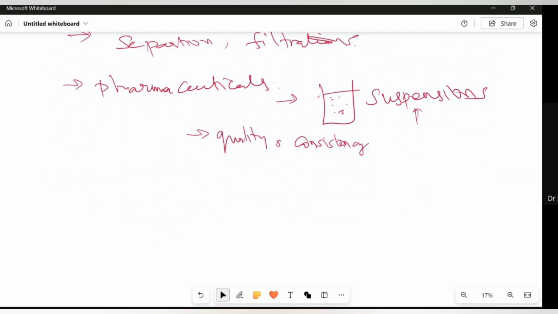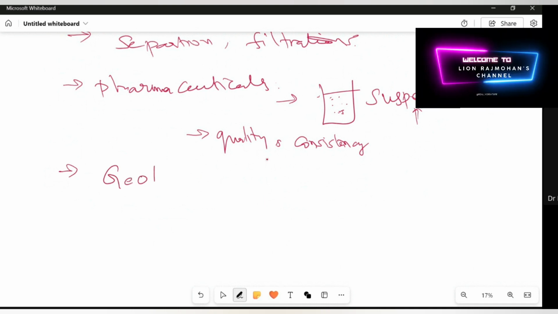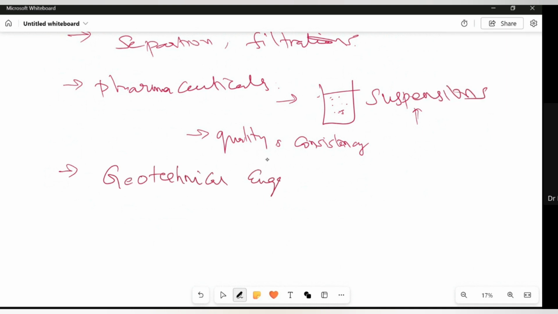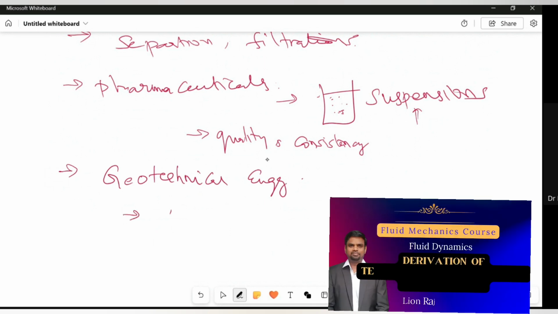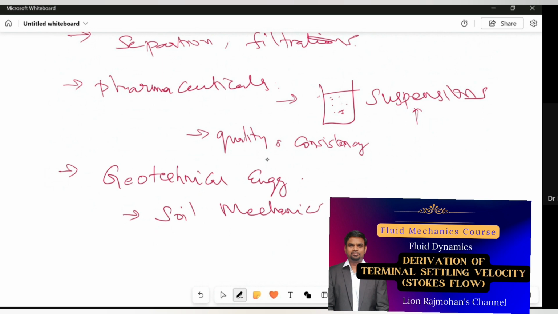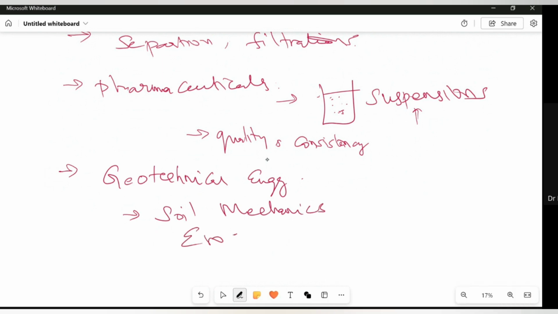Not only in the pharmaceutical industry, on a larger scale, in geotechnical engineering applications, in soil mechanics, even for erosion control, this Stokes law finds applications.